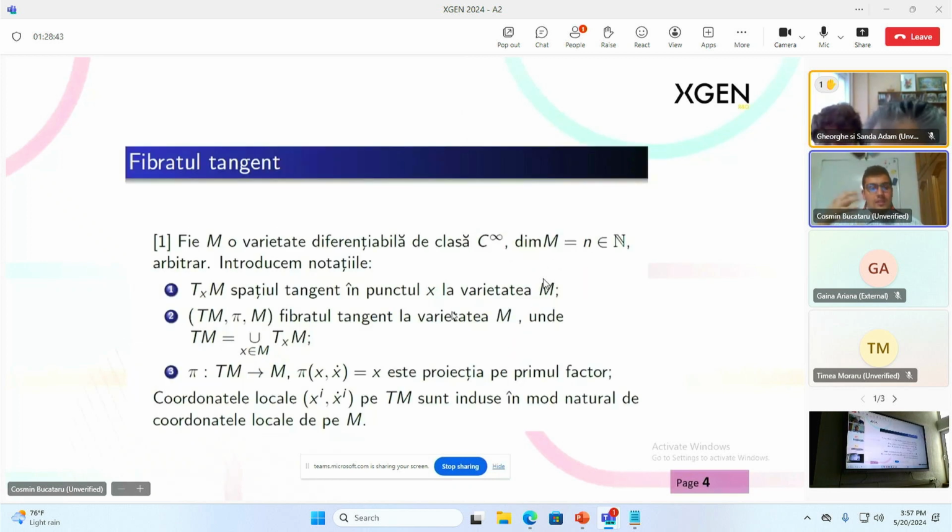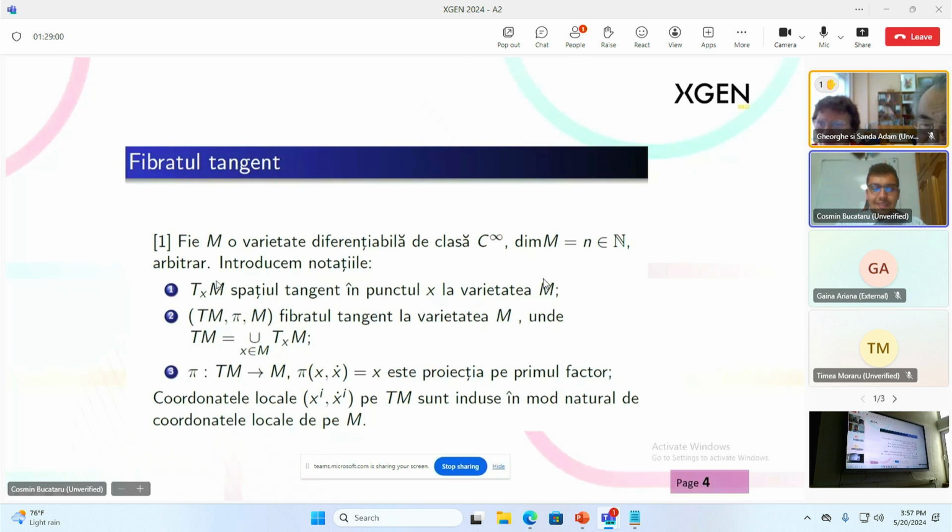First of all, the first thing I want to present is the tangent bundle structure. So M is a smooth manifold of class C to the power of infinity, n is a natural number and arbitrary.